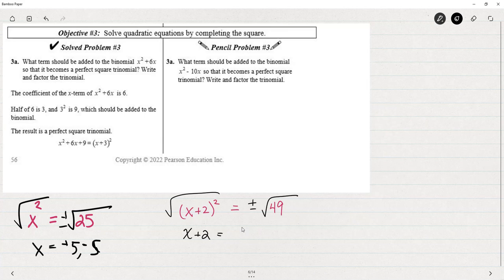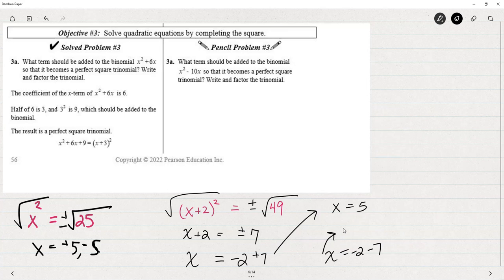The square root of 49 is 7, so x plus 2 is either 7 or negative 7. To solve for x, I'd subtract 2 from both sides, so I have -2 plus 7 or -2 minus 7. So that would give me x equals 5, x equals -9. That's just a rough, quick overview of the square root property.